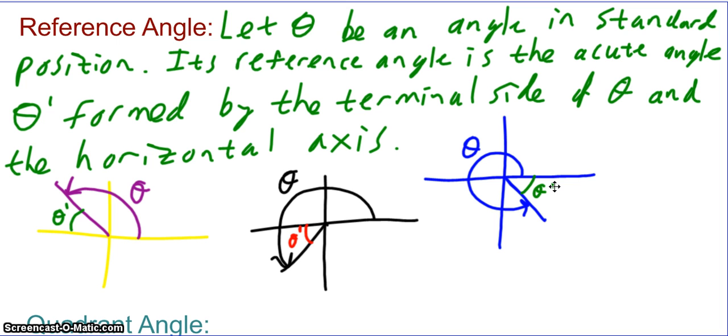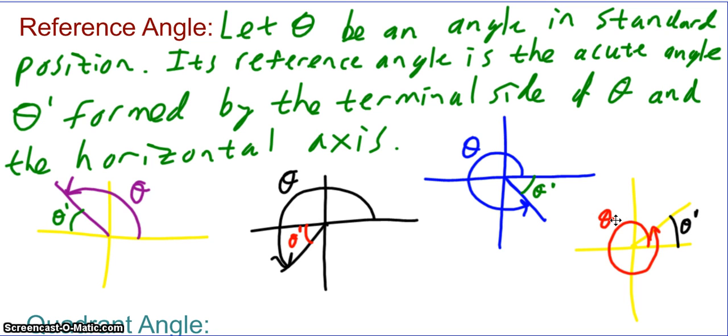The reference angle is always positive because it's an acute angle. I'll take back what I said earlier. If I have, let's say, in the first quadrant, if I have this angle, then this is theta prime. So the red is theta. So those are examples of reference angles.